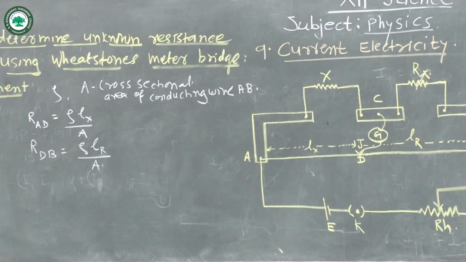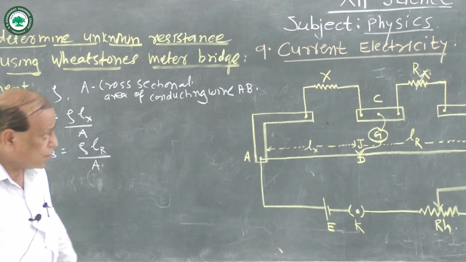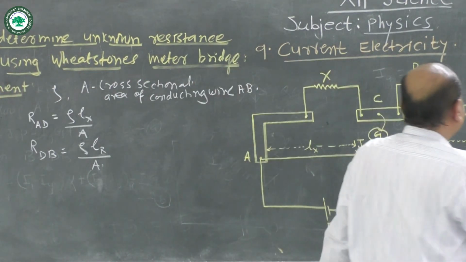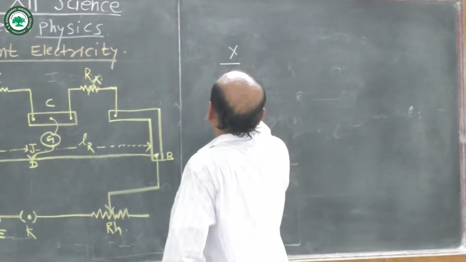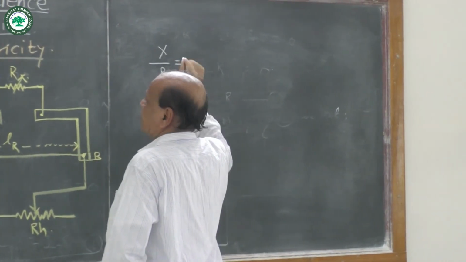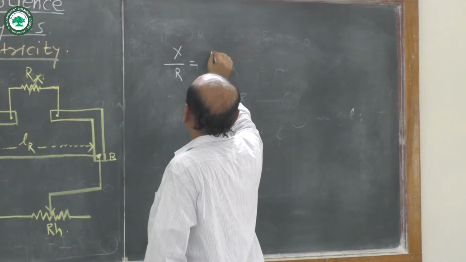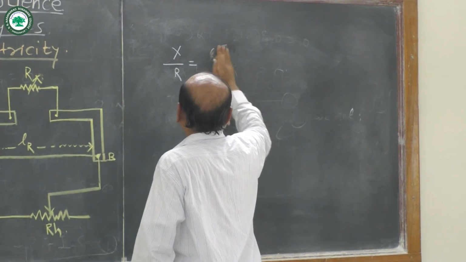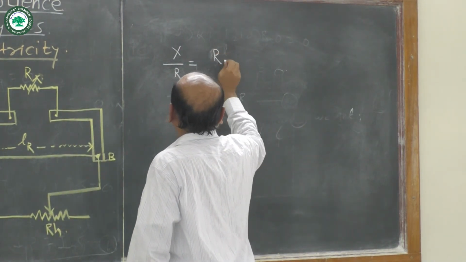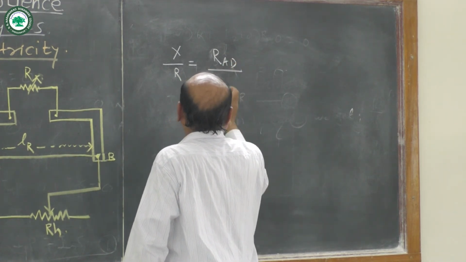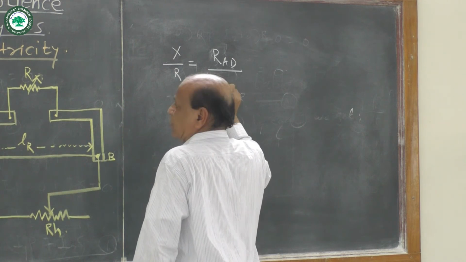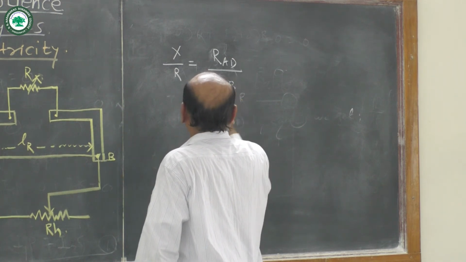Now here, using that balancing condition, we get that X upon R is equal to the resistance of wire AD and the resistance of wire DB.